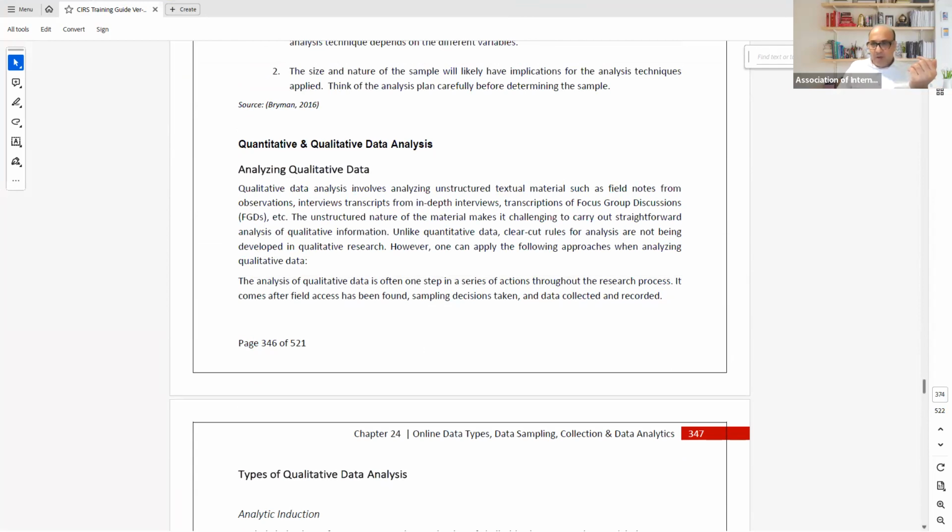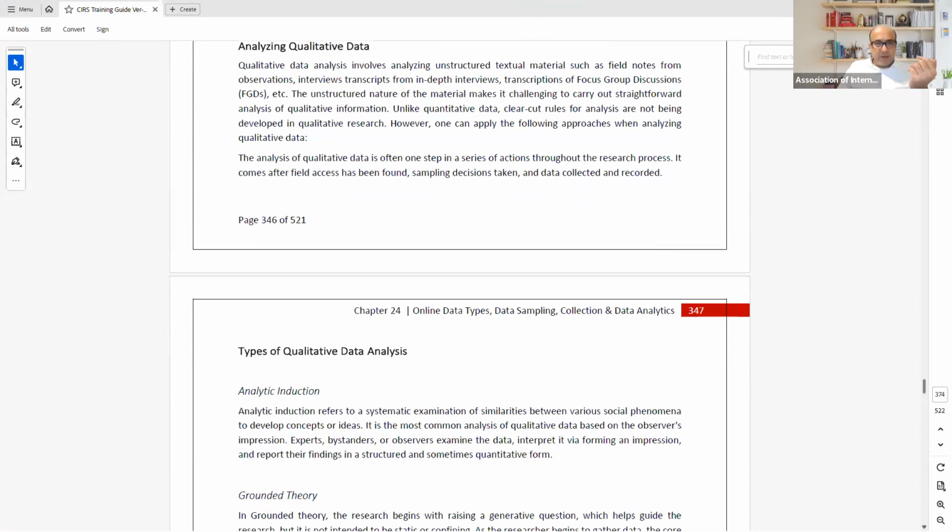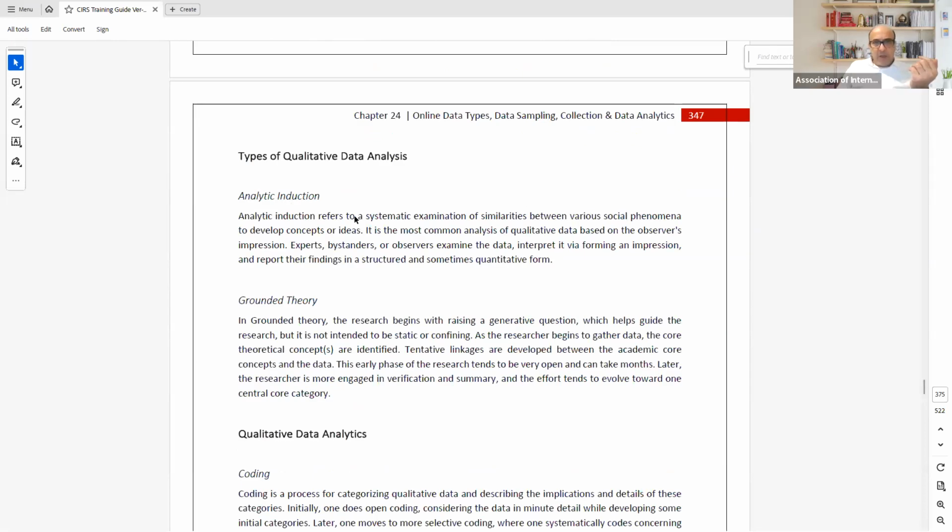So if you're doing qualitative analysis, there are two types of analysis, generally speaking. I'll just go through the book so that I don't miss any of the slides. It'll keep me on track.